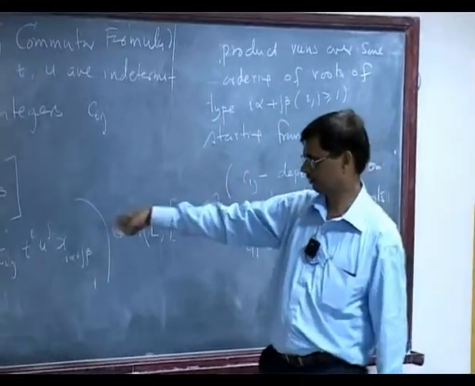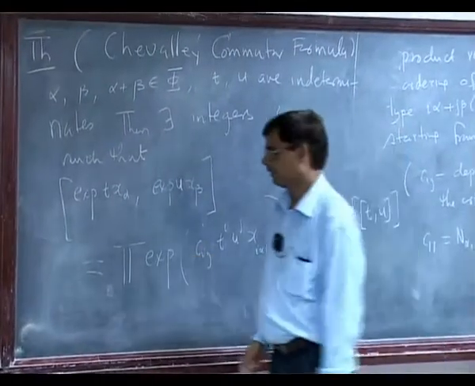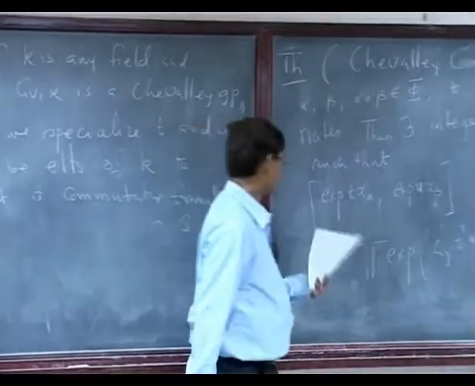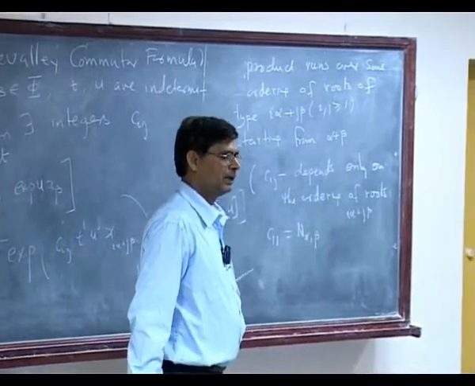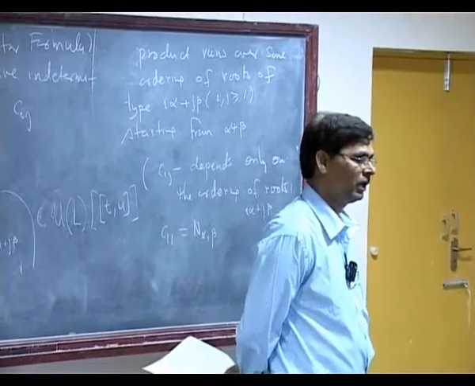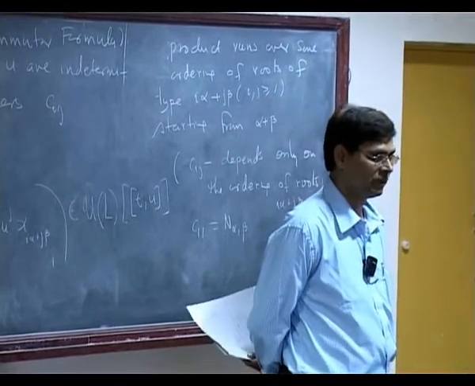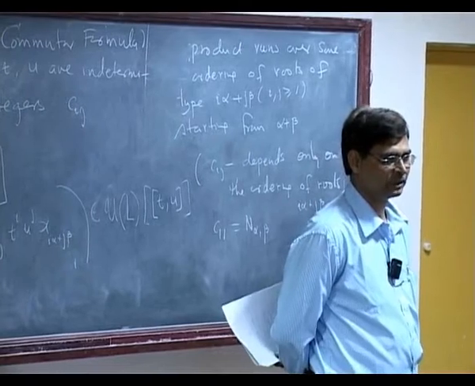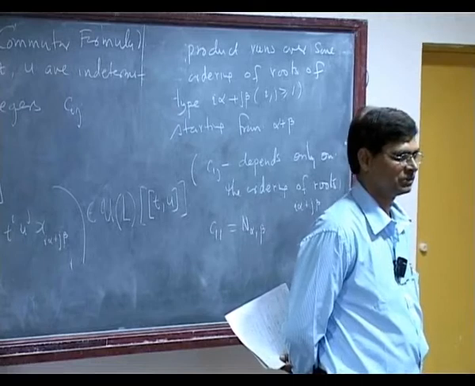Then these integers will be determined completely; they depend on the ordering only. So whatever representation you take, this is going to be there. But depending on the characteristic, if you specialize T u to be an element of the field, then this integer will represent some element in the prime field. So some might be 0. For example, in characteristic 2, if some Cij is 2, then it is 0. Nice situation.